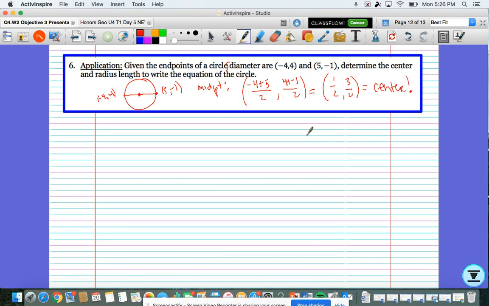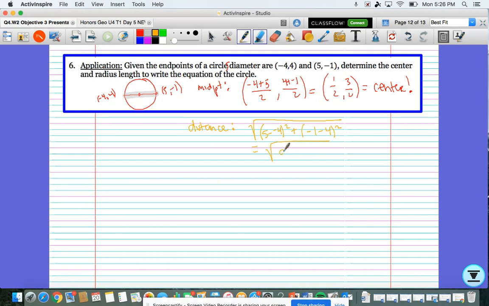How do you find the radius? Well, if I find the length of this right here, I can then cut it in half. Oh, that's a distance formula. So I can say the square root of 5 minus -4 squared plus -1 minus 4 squared.